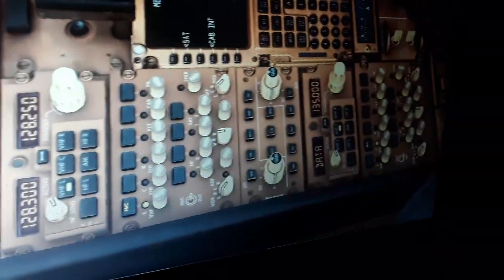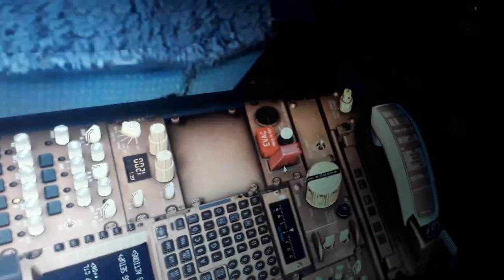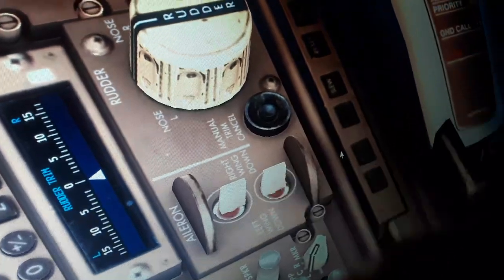And here in this switch, you have the fire extinguisher for the left and the right engine. You have the parking brakes here, up and down. You have the radio communication panel, the weather radar, the transponder, so you can see other aircraft flying around you. And this is the rudder, the vertical tail stabilizer, and the aileron trim.